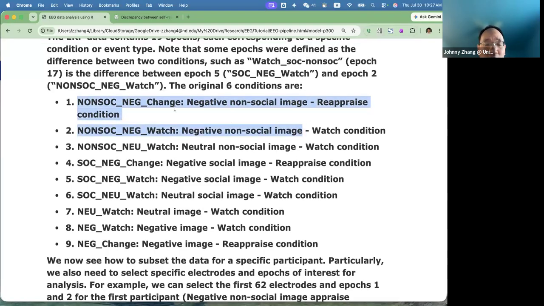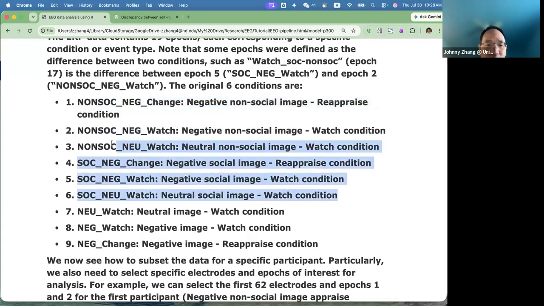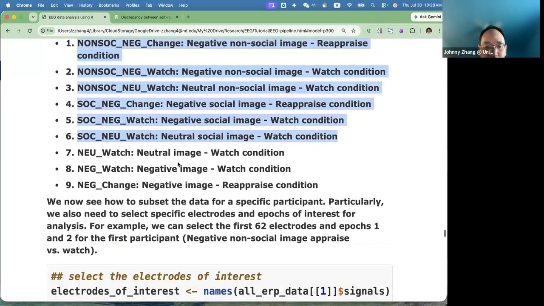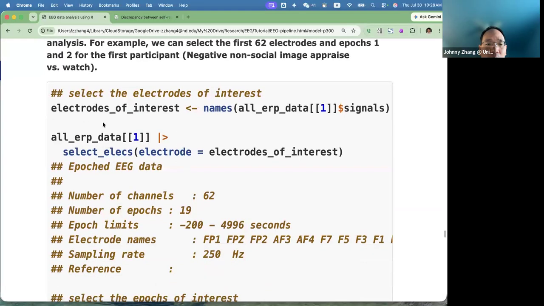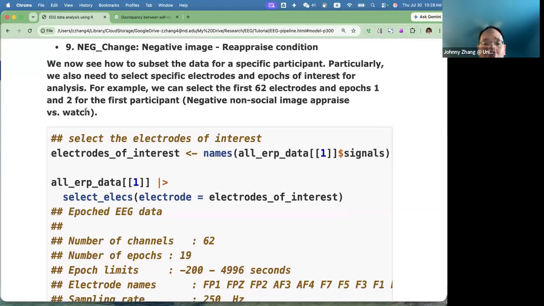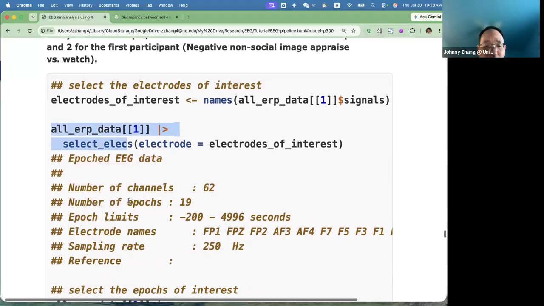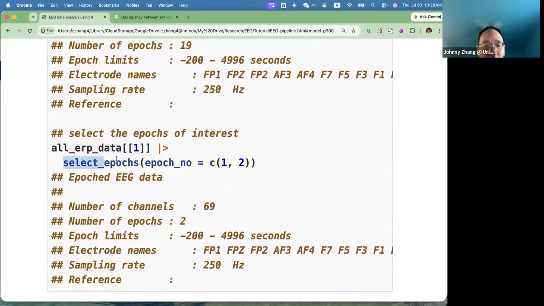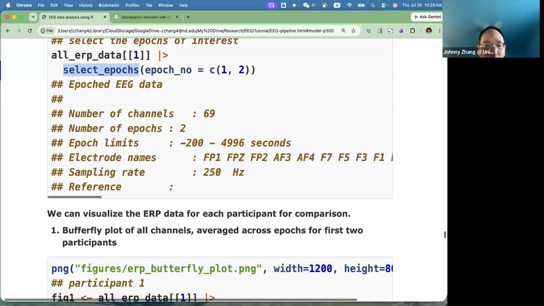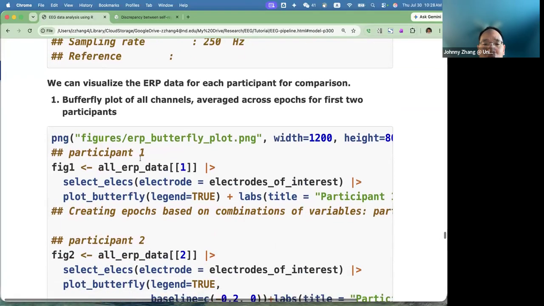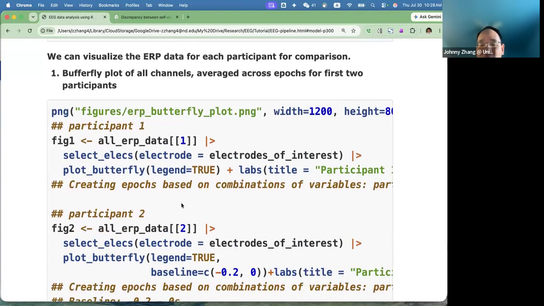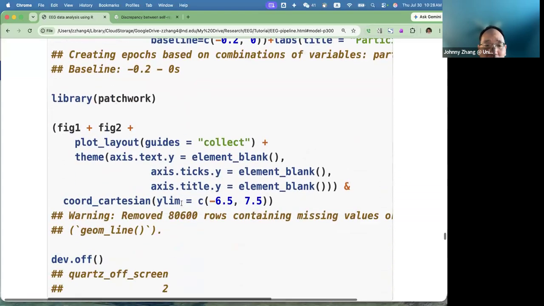They calculate the difference between the signals of these two conditions. If you are interested in that, you can look at that, but here, let's just focus on the first six. You can analyze any subsets of data. This is used to select electrodes, and you can also select epochs. You can also select participants if you want. We don't have enough time, so I'm going to skip this part.